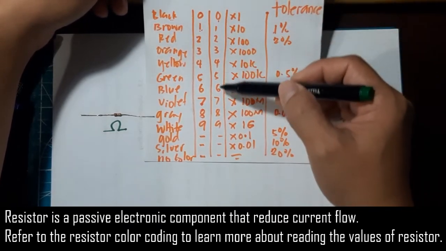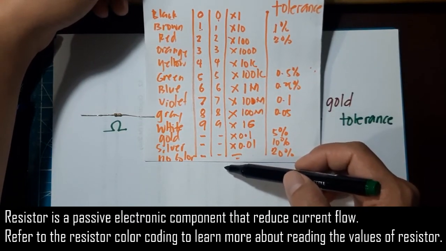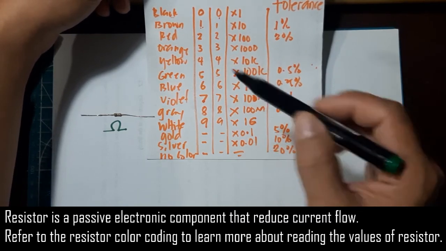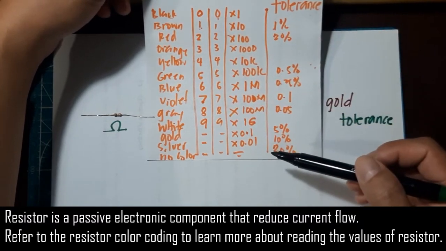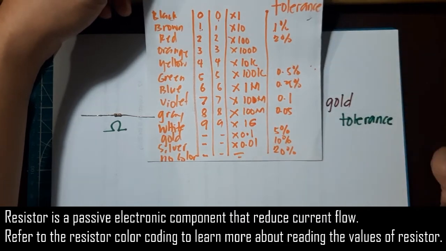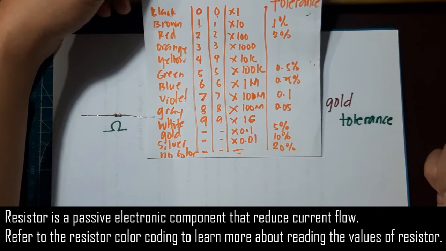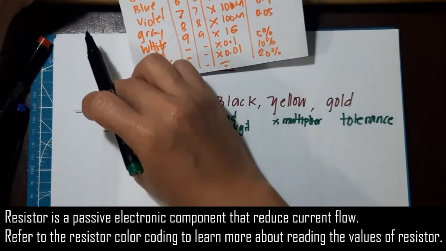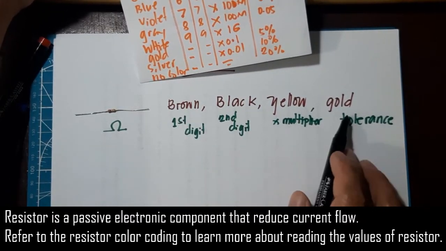Same thing with our second significant digit. You have the same pattern based on the numerical value that corresponds to the color. The third color will be our multiplier, and the last color is our tolerance. So for example, let's say our colors right here are brown, black, yellow, and gold.